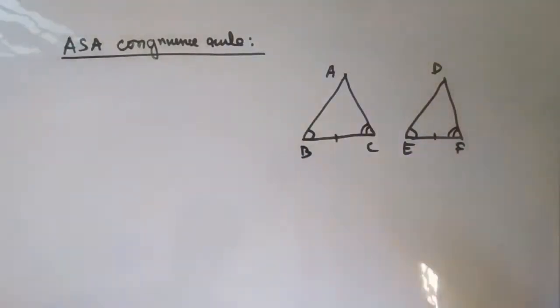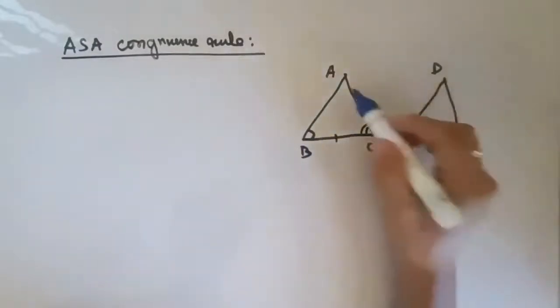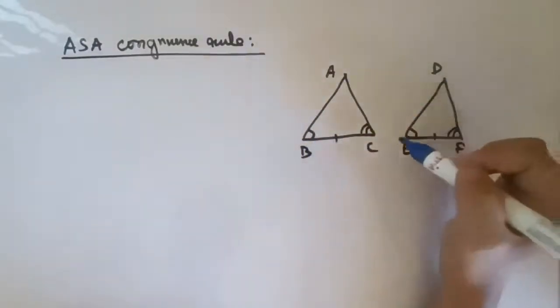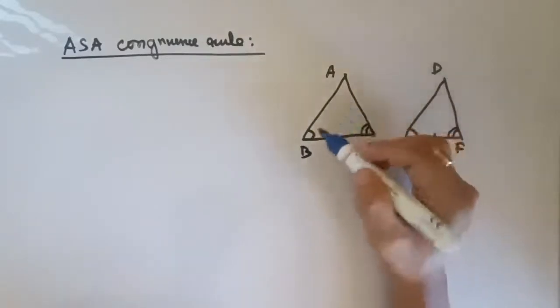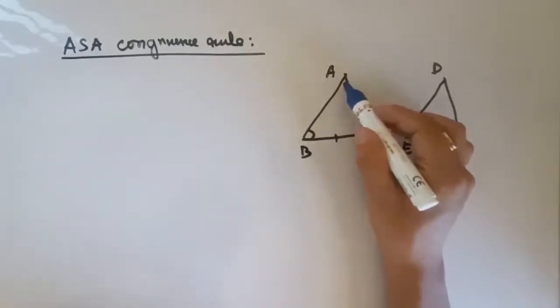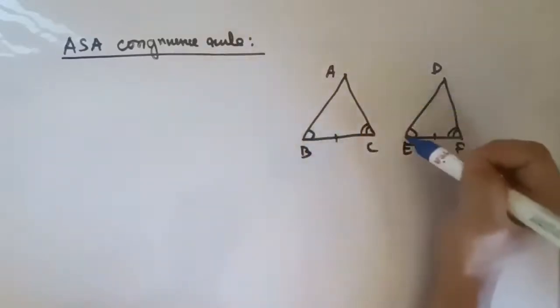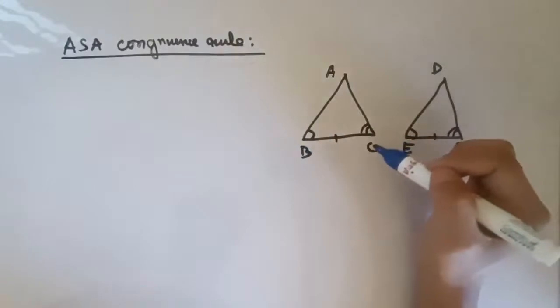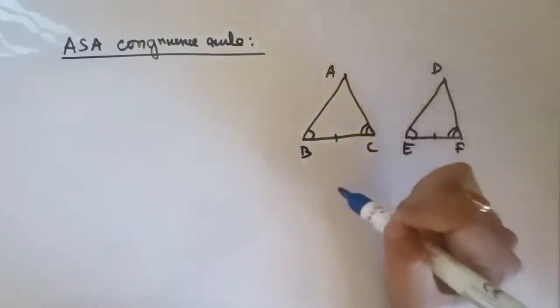To prove this theorem, let us take up three cases. In case number one, we are going to assume AB is equal to DE, that is side AB is equal to side DE. And in case two, we are going to assume that side AB is greater than side DE. And in case 3, we are to assume side AB is less than side DE.